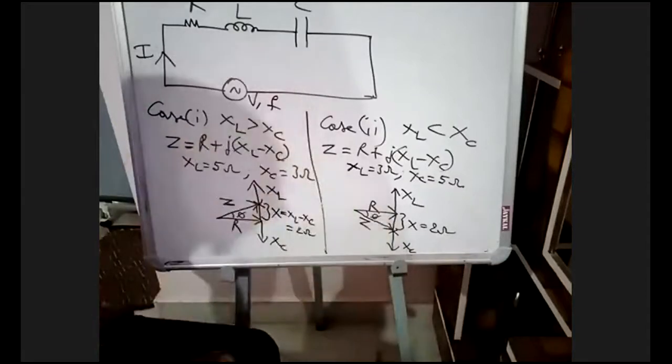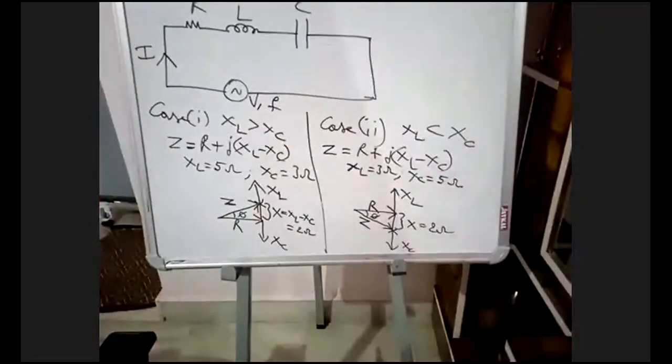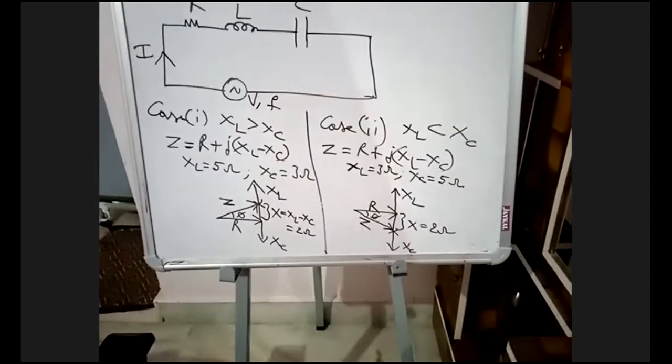This is your Z. Z is the resultant of R and X. So these are the phasor diagrams for case 1 and case 2. If XL is greater than XC, Z will be in the upward, positive direction. If XL is less than XC, it will be in the downward direction. Remember this: Z is the resultant of R and net reactance. If you have any doubt, you can ask me.